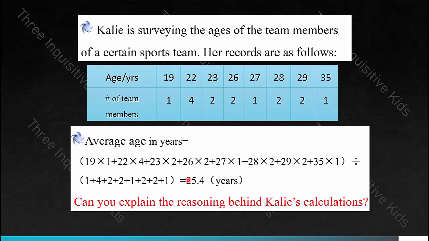What you can think of is, how many people are on this team? You have 15 people on this team. Let's think about it this way. 15 people are lined up, and each person has a number of cookies corresponding to their age.